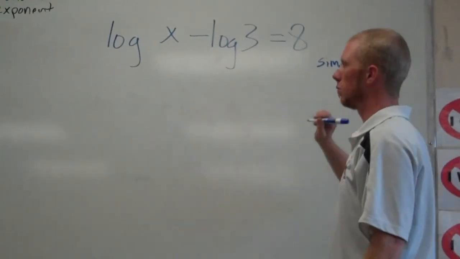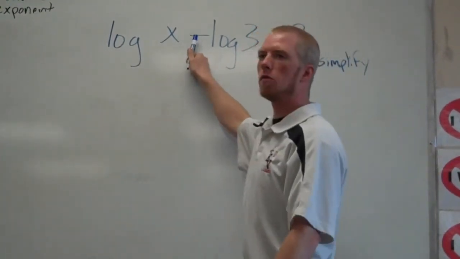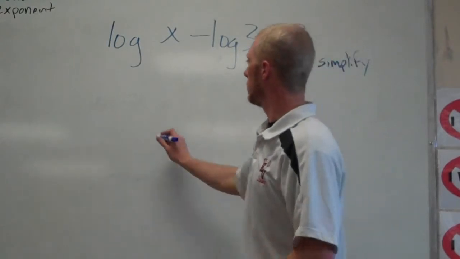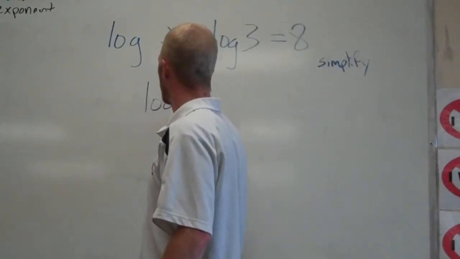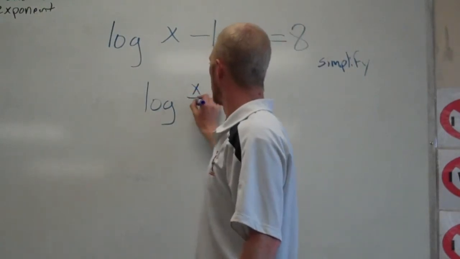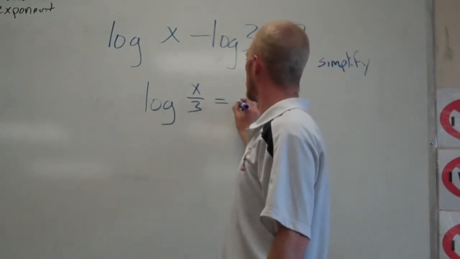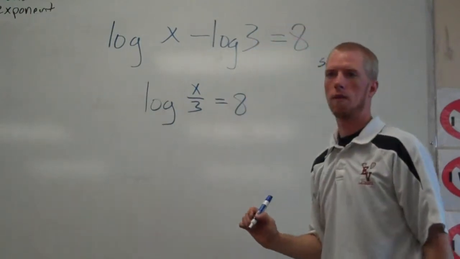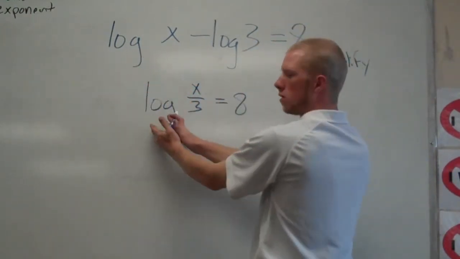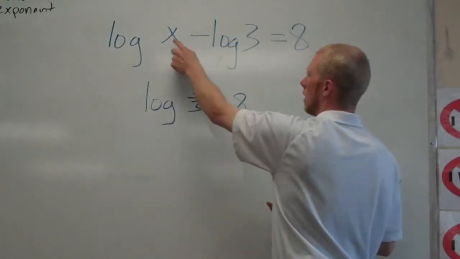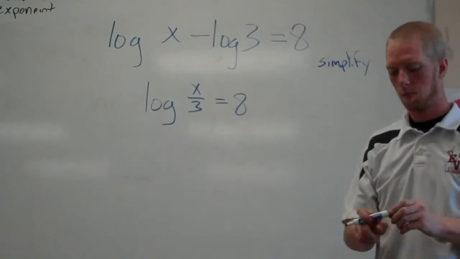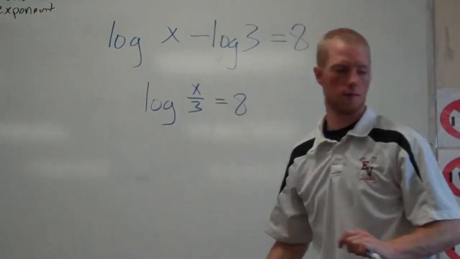First step, simplify. If I have a minus, I'm going to use the quotient property, which means that I can rewrite this as log of x divided by 3 equals 8. So my subtraction, when I simplify, I go from 2 logs to 1 log. I do x divided by 3. And here's the other piece that we have not gone over yet.